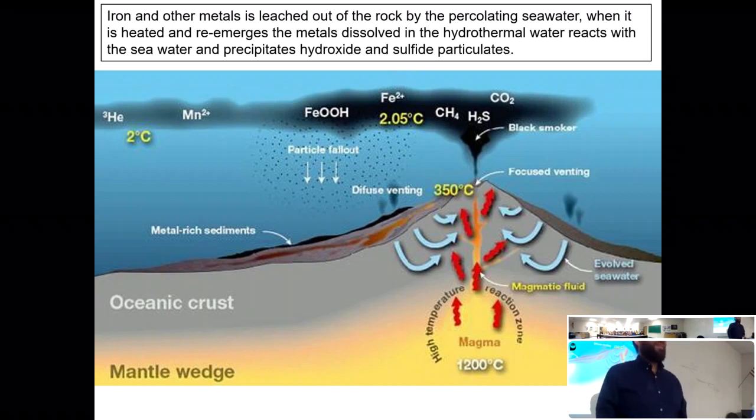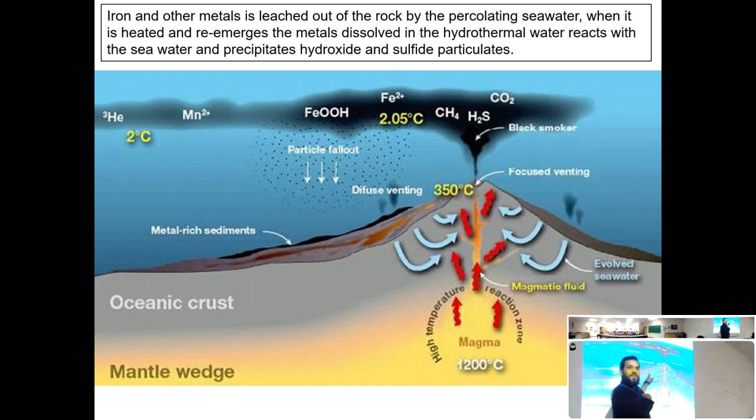Anybody remember that one? Boiling point? 100, yeah. So this is way higher than the boiling point of water. So what's going on there? Why can the water be 350 degrees?